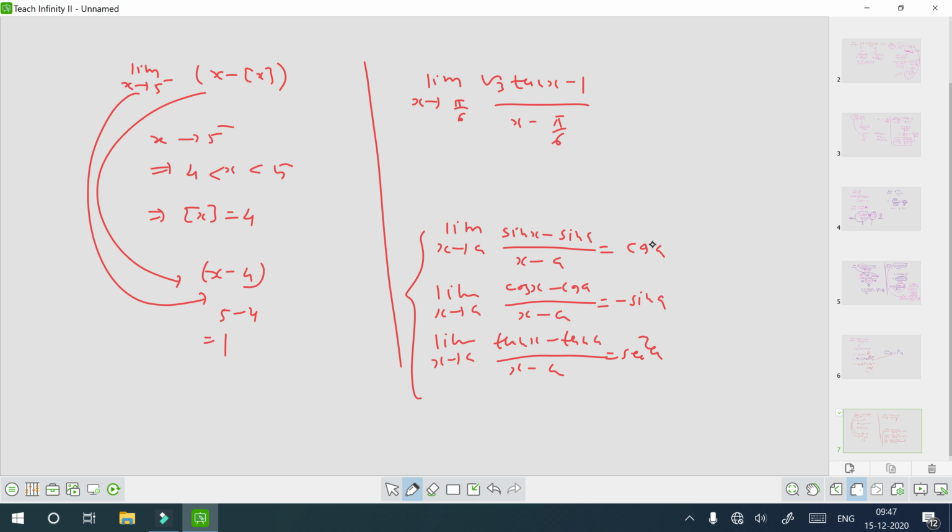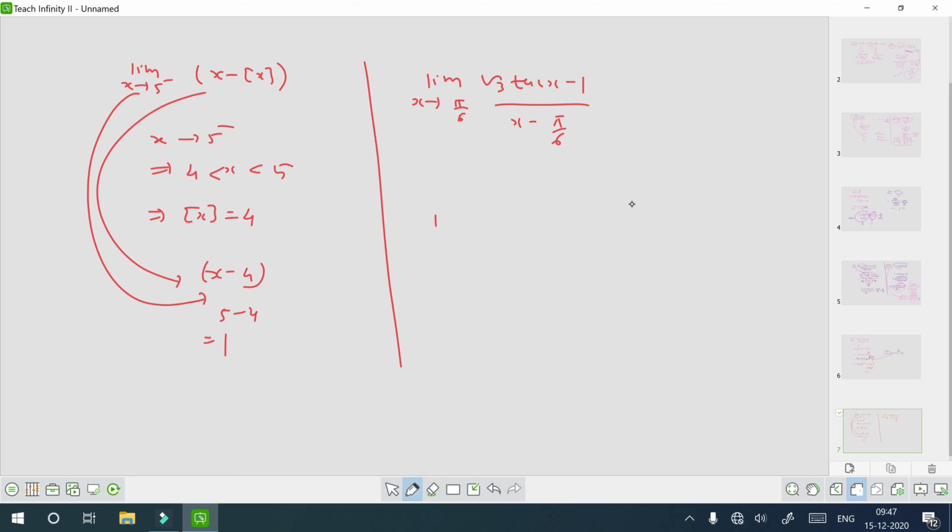Clear? Then limit x tends to a, cot x minus cot a over x minus a is equal to minus cosec square a.